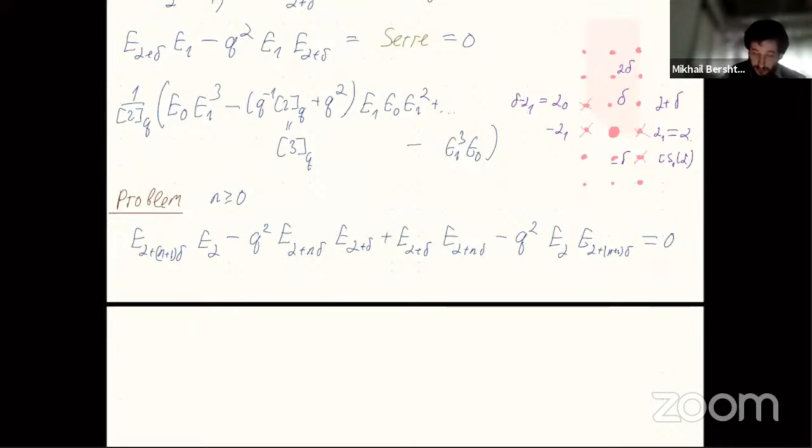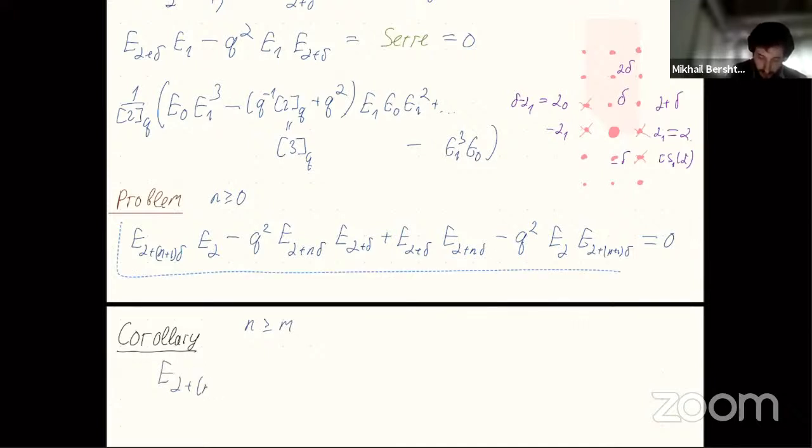Okay, so this I put as a problem, but I put as a corollary that for n greater than or equal to m, we have E alpha plus... Okay, we have a similar relation, but now with m.